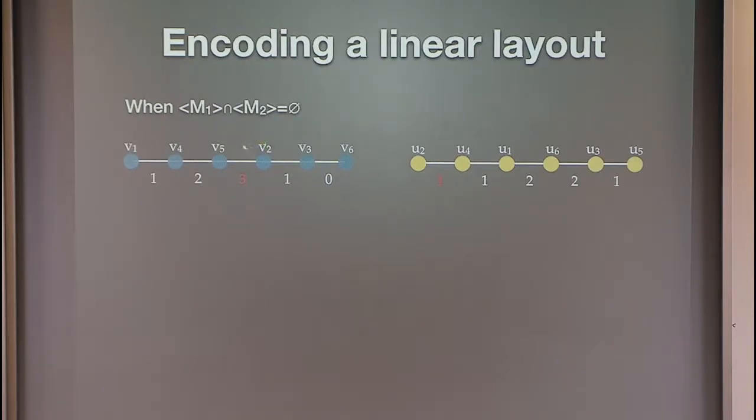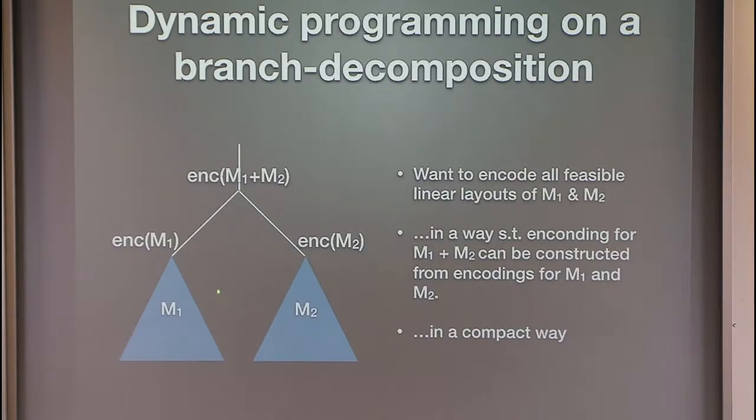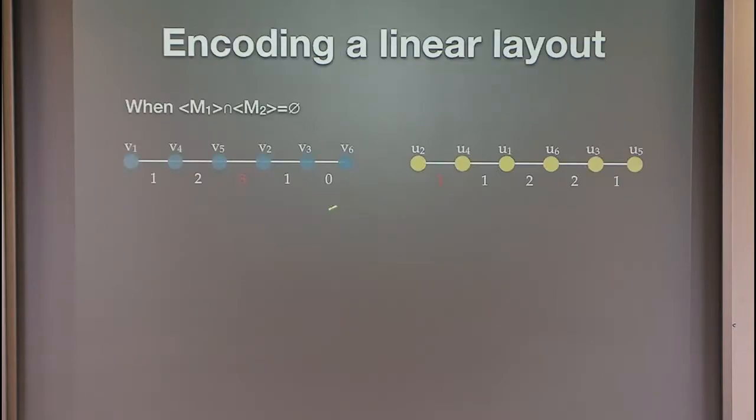So let's consider this very simple case where you have vectors, and you have partitioned them into M1 and M2. Suppose you have some encodings of the layouts of M1 and M2, and you want to build something for their union.